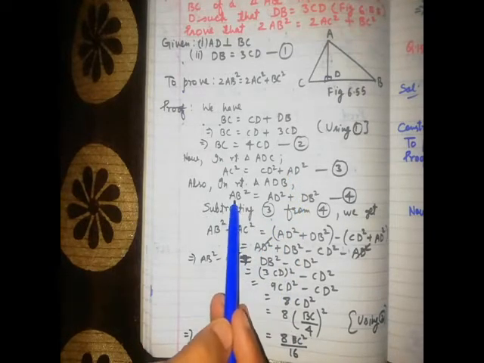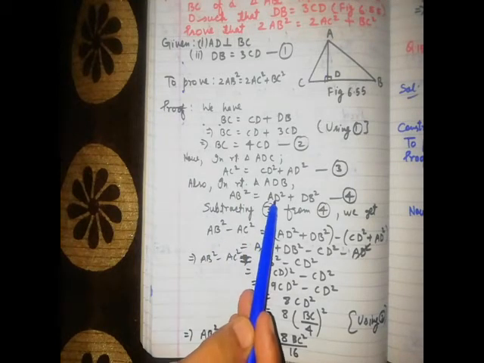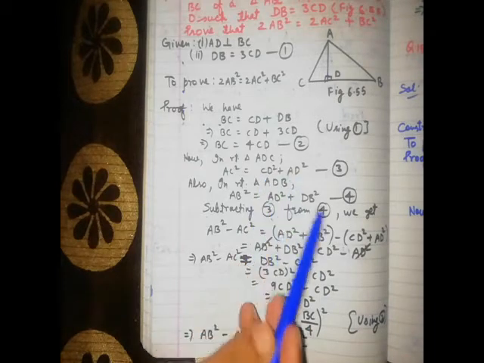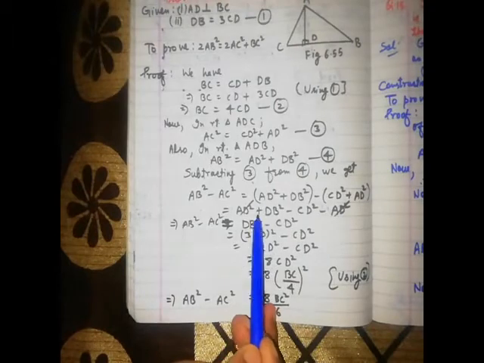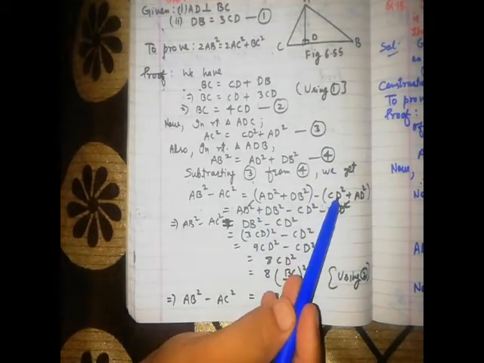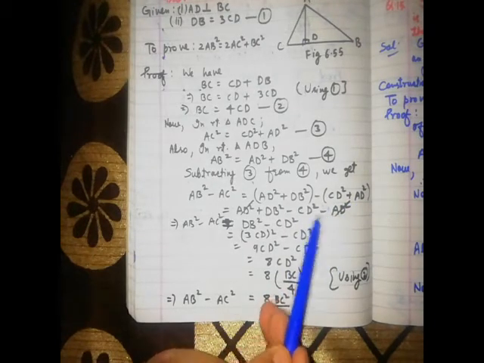Now we have to subtract equation number 3 from equation number 4. We will get AB square minus AC square in the left side and in the right side AD square plus DB square minus CD square plus AD square. And when we open the bracket, we get AD square plus DB square as such, and here minus CD square, minus minus AD square.